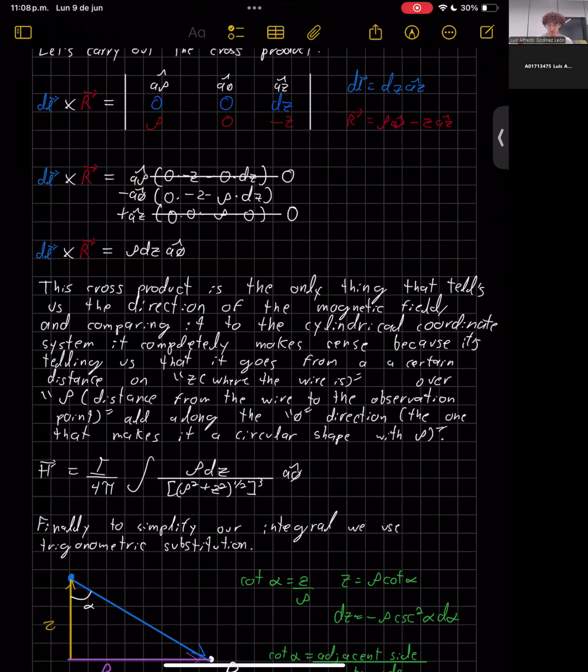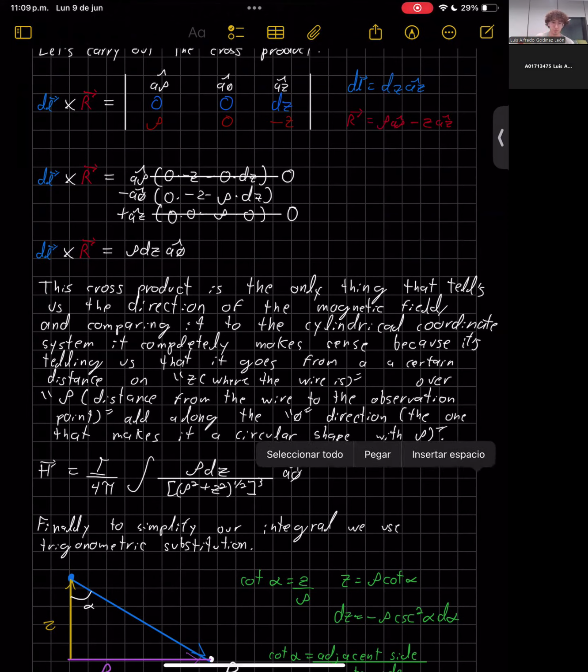Comparing it to the cylindrical coordinate system, it completely makes sense, because it's telling us that it goes from a certain distance on Z, where the wire is, over rho, that is the distance from the wire to the observation point, and all along the phi direction, if I'm not wrong.